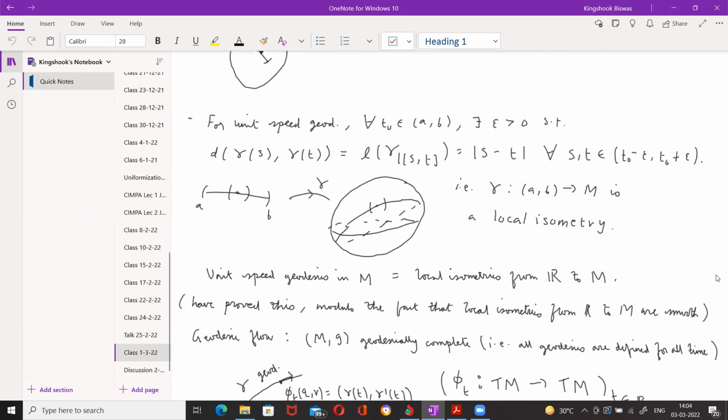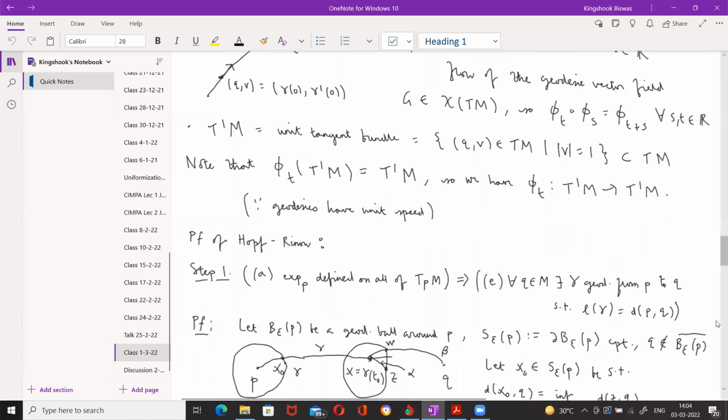So the Hopf-Rinow theorem says essentially that these two are equivalent. The Riemannian manifold is complete as a metric space if and only if it is geodesically complete. And in either case, we'll say that the manifold is a complete Riemannian manifold.